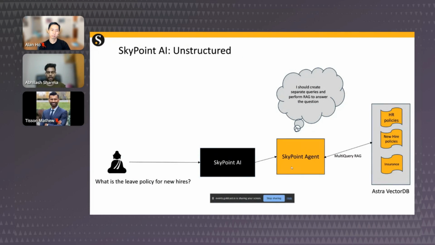And the SkyPoint agent performs a pattern called multi-query RAG, wherein it rephrases this query into two other queries. And this is particularly done to increase the surface area of the documents it can actually cover and fetch into the context of the LLM, so that the LLM can reason with more information available.